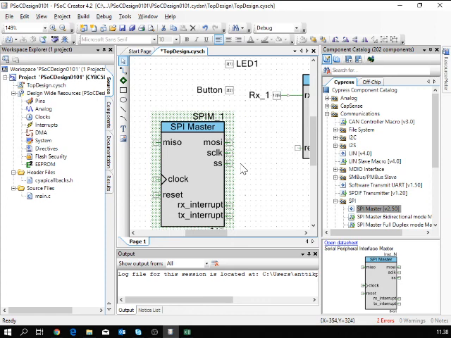Then serial clock and chip select, or slave select. If you had multiple devices, then you would actually take this one and have an address multiplexer here, a chip select multiplexer, to access different devices.